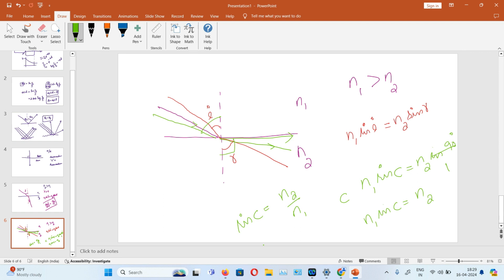Note that this N2 by N1 is less than 1. This is the refractive index of the rarer medium with respect to the denser medium.